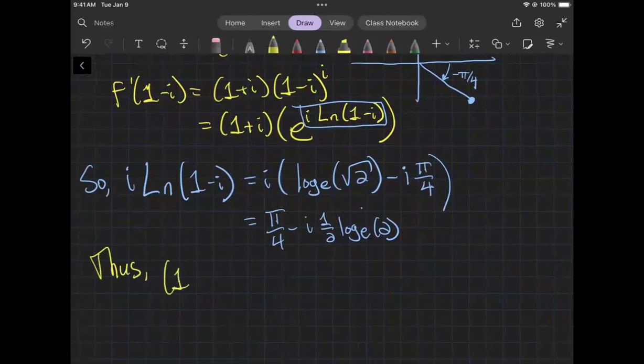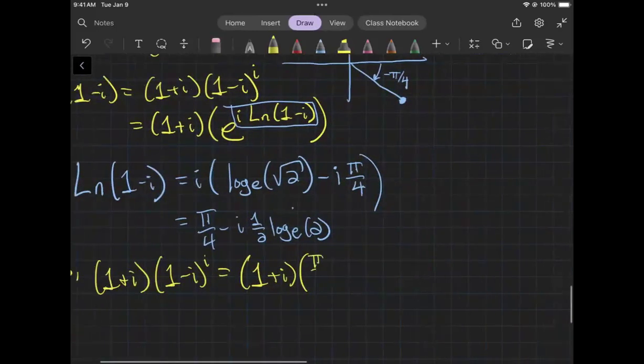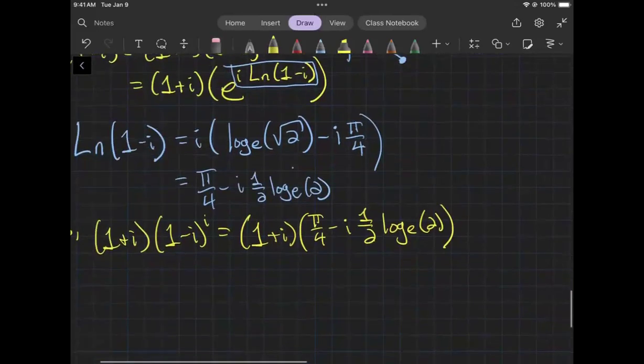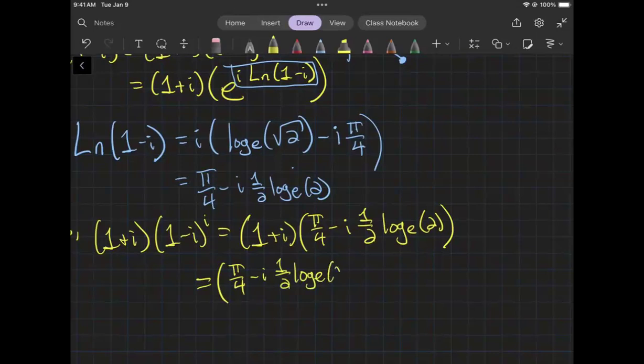So thus 1 plus I times 1 minus I to the I power equals 1 plus I times pi over 4 minus I times 1/2 times log base e of 2.